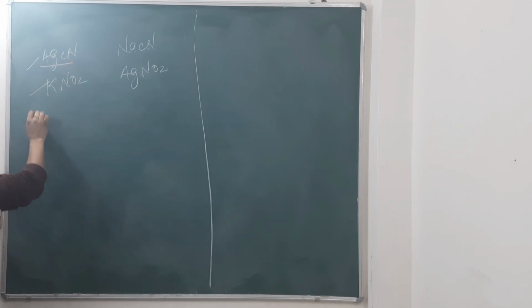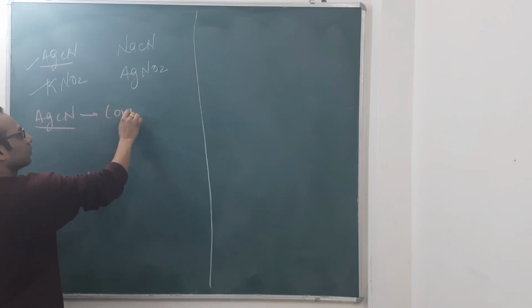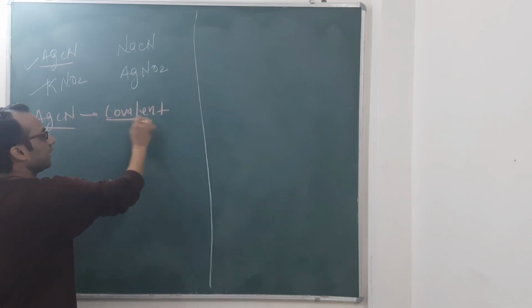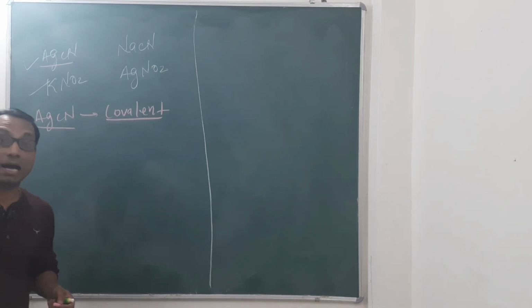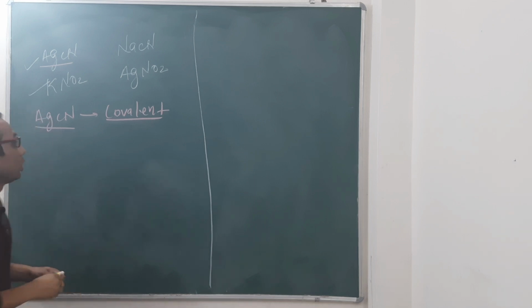First, to understand, students, AgCN is what? AgCN is a covalent compound. As you know, a covalent compound is not ionized, correct? So when it is not ionized, it will not dissociate into cations and anions.